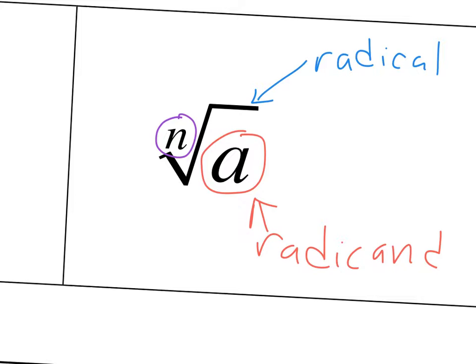We're going to have little numbers here outside, kind of like exponents, but notice that it is nestled inside the radical symbol. That has a special name. It's called the index. So that is what we're going to be talking about, the nth root. So this is the nth root, or we're trying to find the nth root of a.